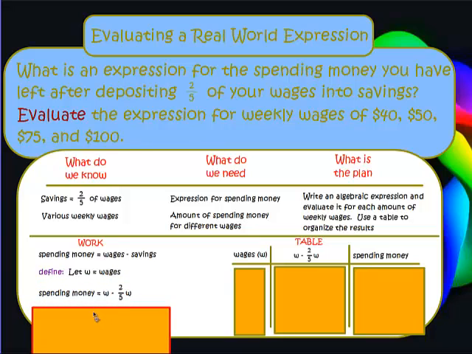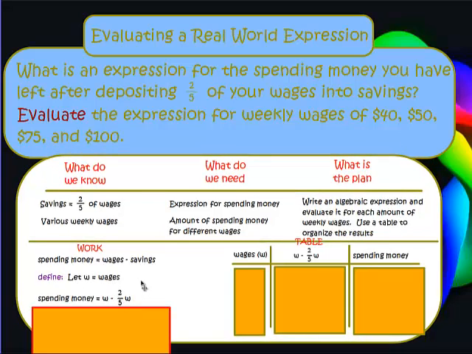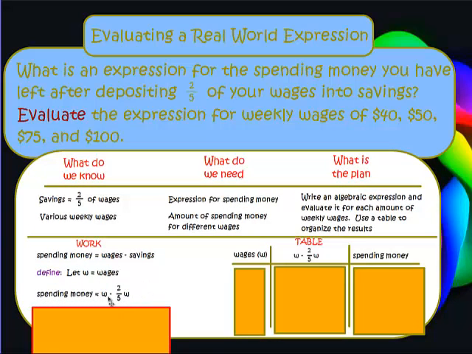So when I use this W in place of the word wages, I see my spending money equals W minus 2/5 times W, so 2/5 W. Remember, when a coefficient or a number is in front of a variable like this, it automatically means multiply. So this says spending money equals W minus 2/5 W. That is going to be my algebraic expression for how much spending money I have.